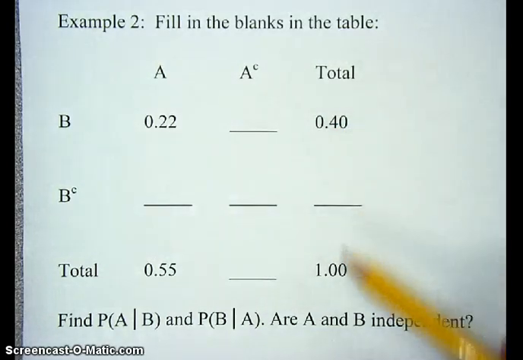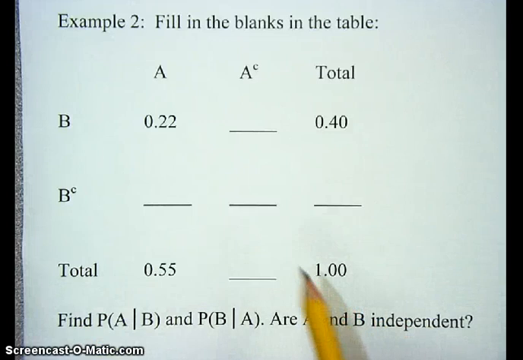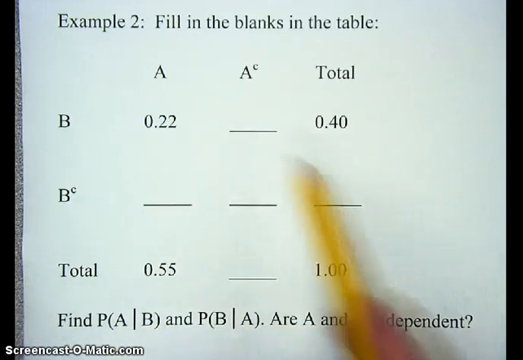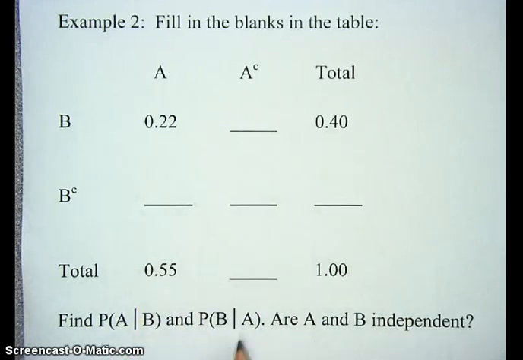Remember, we've got totals running down the side, we've got totals running across the bottom, and you can figure out the 5 missing values that belong in that table by using basic subtraction and addition. And once you find all that, you can find these things also, and then determine if A and B are independent or not. So you can pause your video, and we'll come back in a minute and look at the answers.